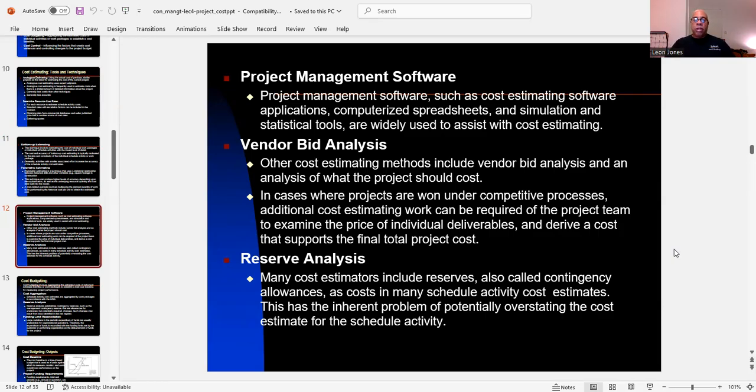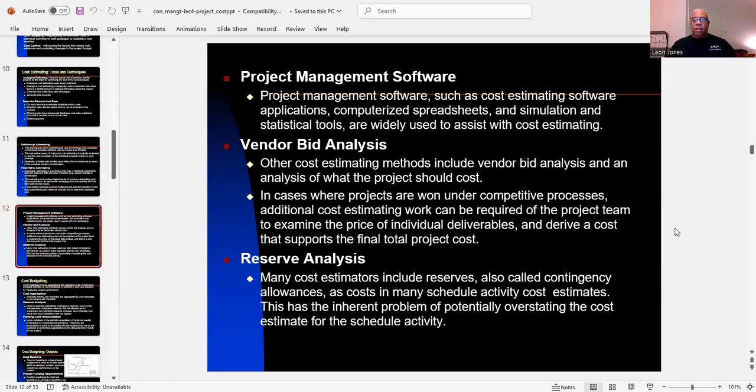Then you go to a spreadsheet. Now, there is project management software such as cost estimating software applications, computerized spreadsheets, and simulation and statistical tools that are widely used to assist with cost estimating. And we have our vendor bid analysis. The cost estimating methods include vendor bid analysis and an analysis of what the project should cost.